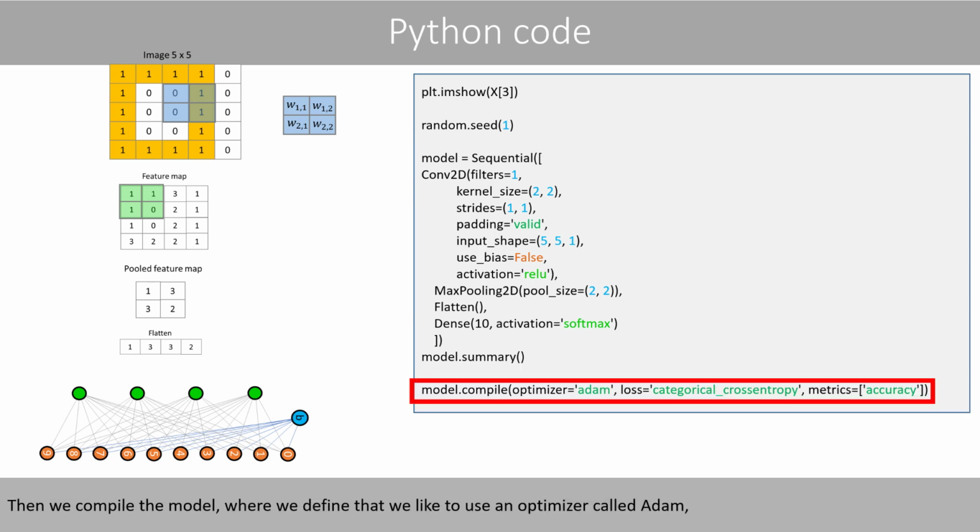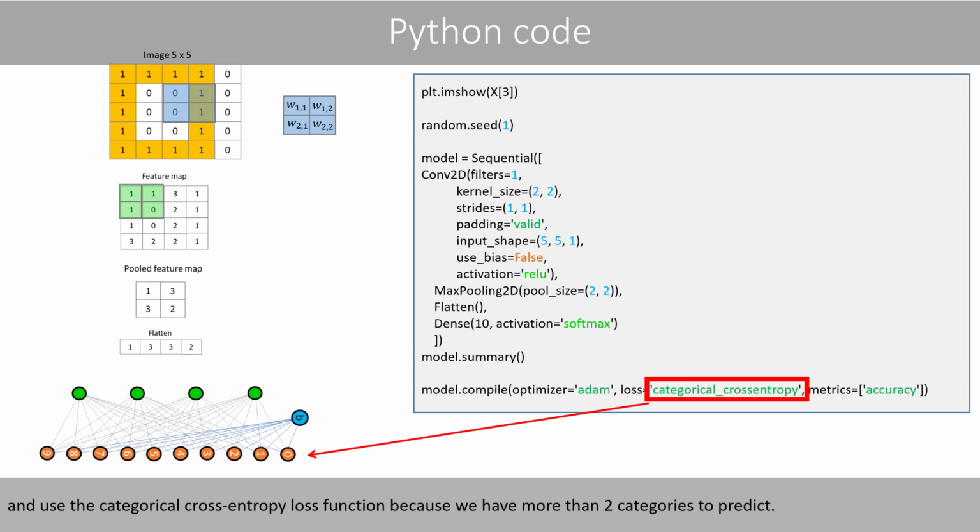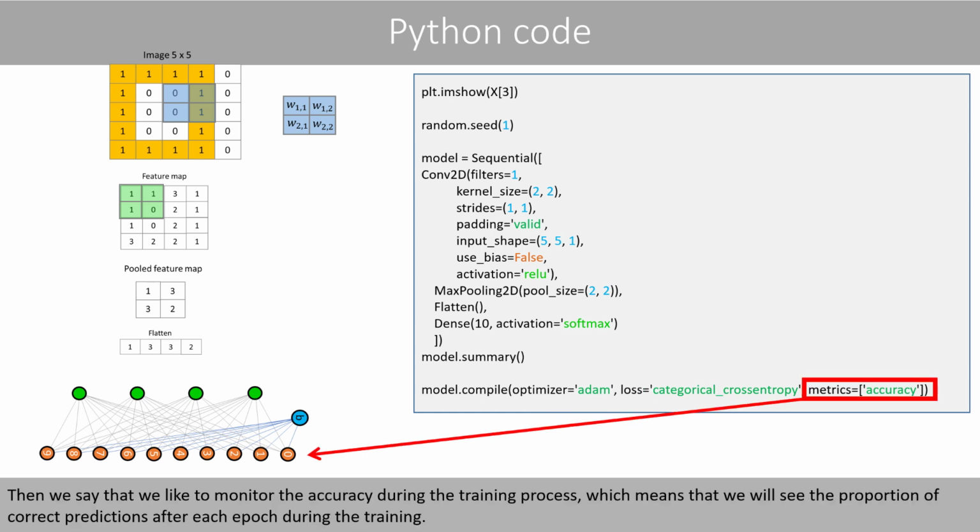Then we compile the model, where we define that we like to use an optimizer called Adam, and use the categorical cross-entropy loss function because we have more than 2 categories to predict. Then we say that we like to monitor the accuracy during the training process, which means that we will see the proportion of correct predictions after each epoch during the training.